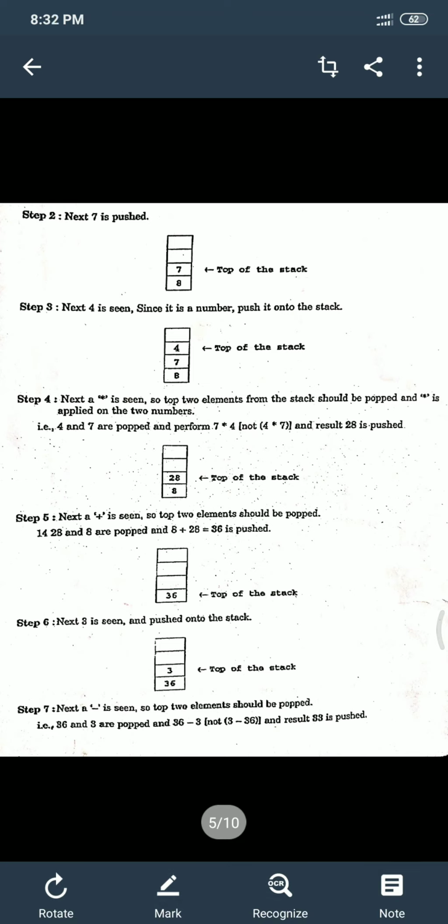So next step, an operator is encountered, that is a minus operator. The top two elements from the stack are to be popped out and the respective operation of that operator has to be performed. In this case minus is there, so 36 minus 3, which is 33. Again 33 will be pushed onto the top of the stack.